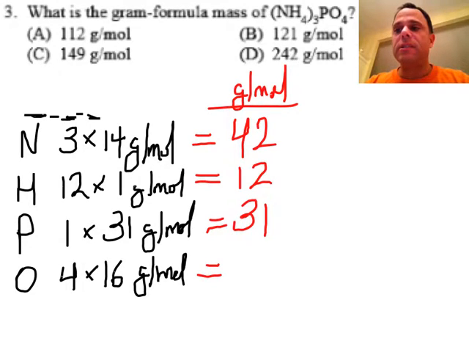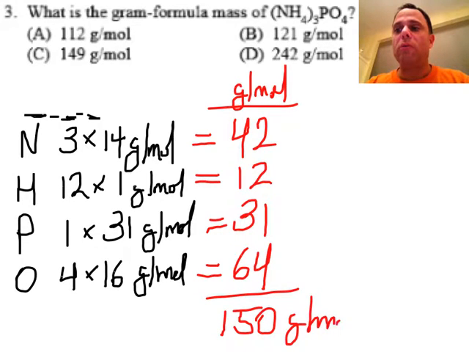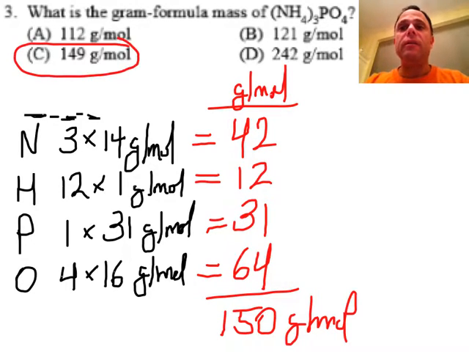And 4 times 16 is 64. Add this together and we get 150 grams per mole. Let's inspect the choices. And right here we see 149 grams per mole. And given that many of these were actually decimals to begin with that we rounded, the obvious answer would be this, choice C.